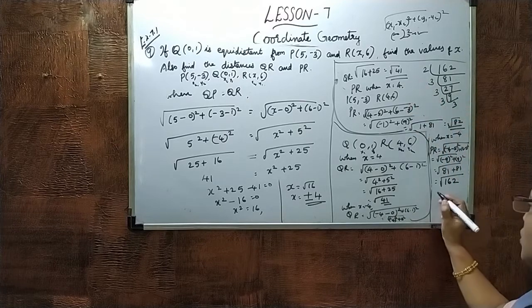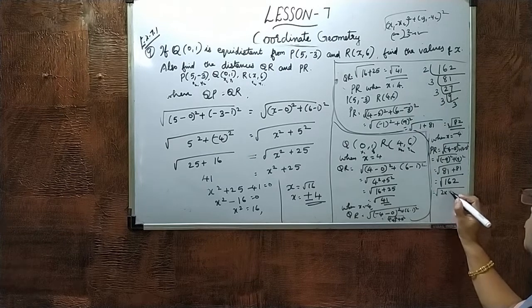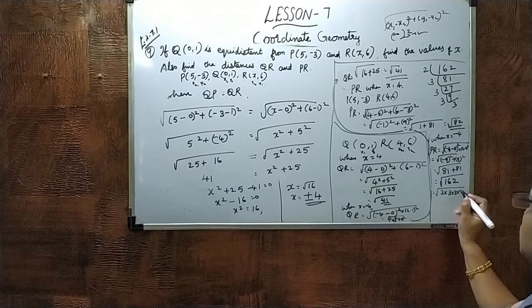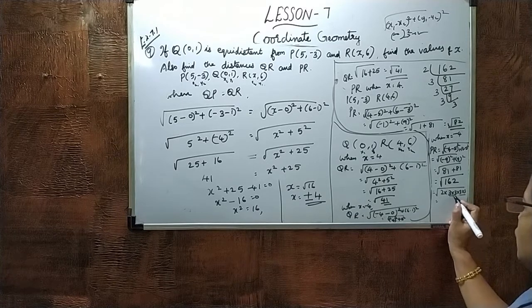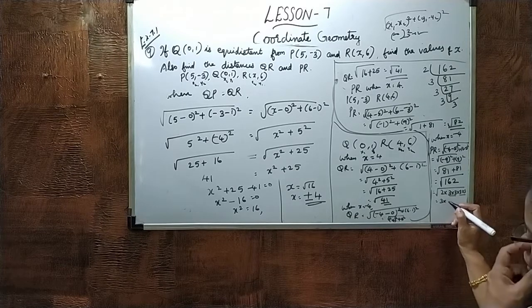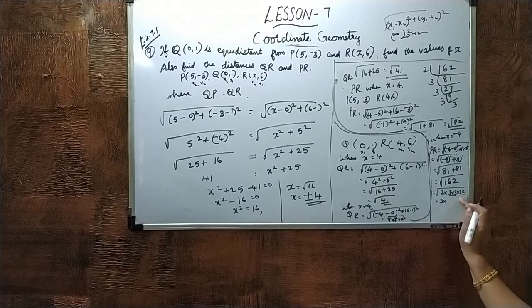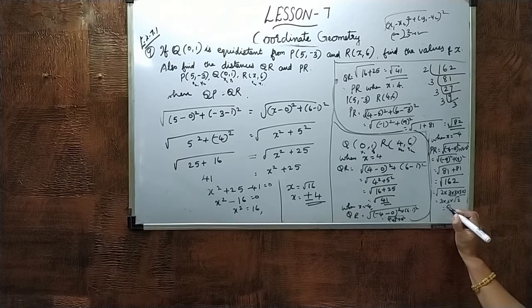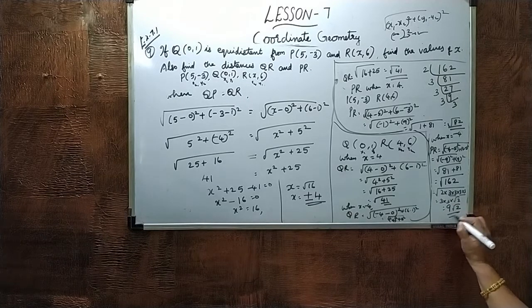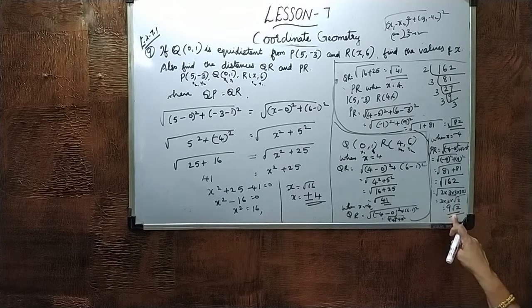So it will be root of 2 into 3 into 3 into 5. That means we can take 1, 3, since 3 comes twice, outside. So when x is equal to negative 4, you will get PR is equal to 3 root 10.